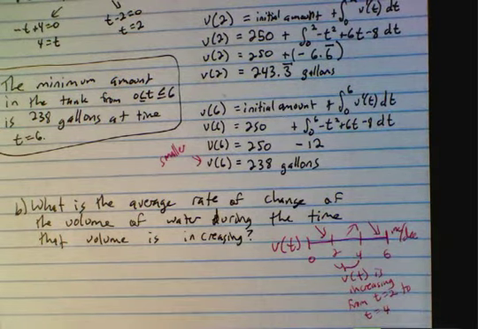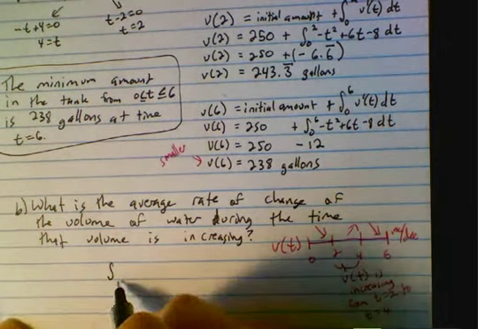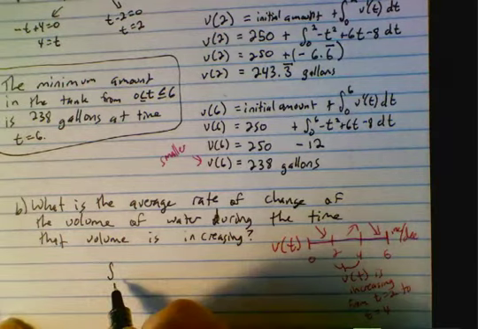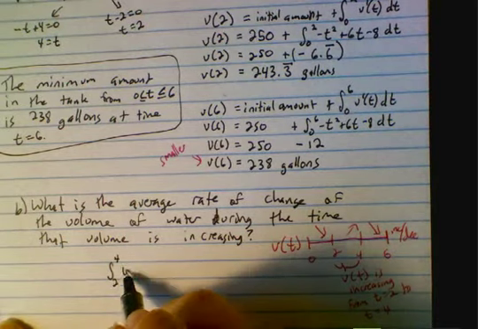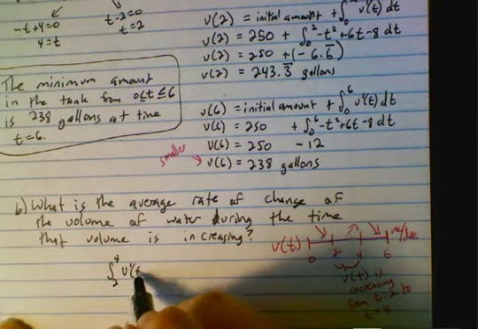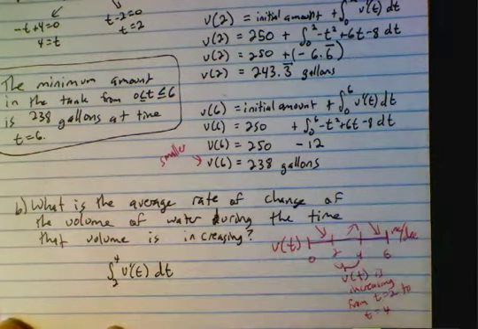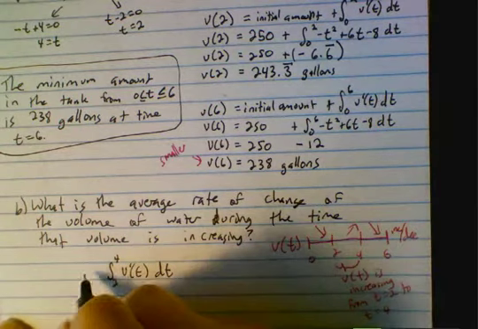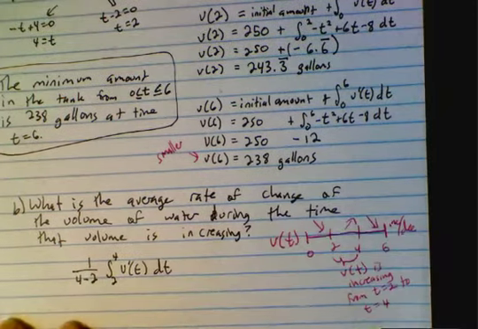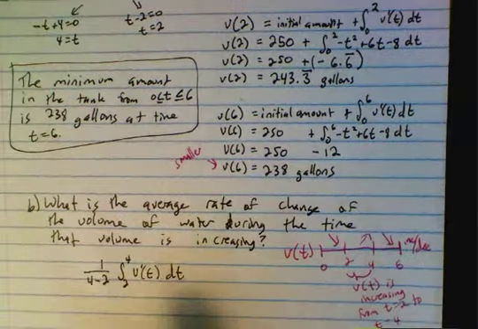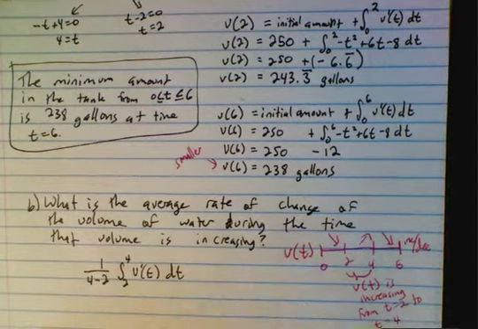So that means that we're going to find the integral when the volume is increasing, so that's from 2 to 4, of V prime of t dt. We're looking for average rate of change, so we have to divide by that bound minus that bound. That's our average value of V prime of t.